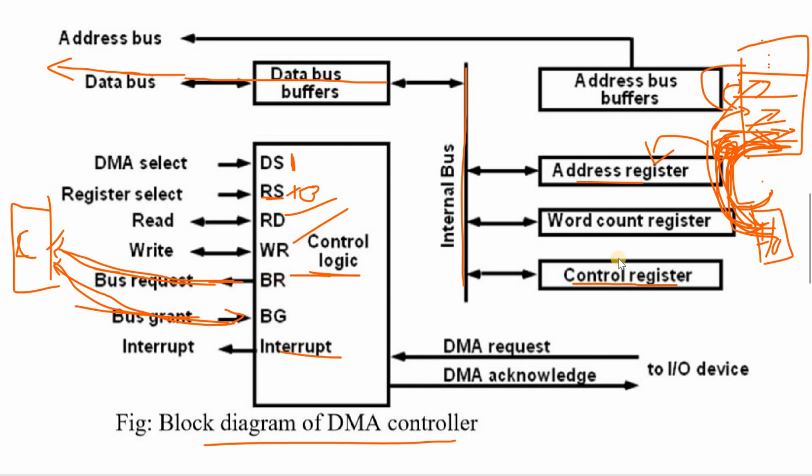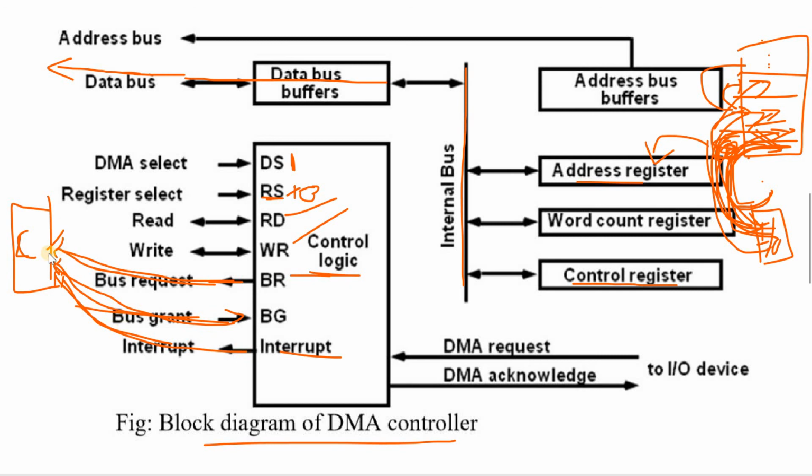Coming to the interrupt, whenever the IO transfer between IO and memory is completely finished, one more interrupt signal is given to the CPU, because the transfer is completed. This interrupt signal is sent from the DMA to the CPU, so the CPU will understand that the transfer is completed.